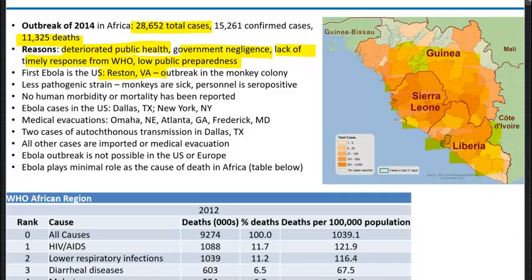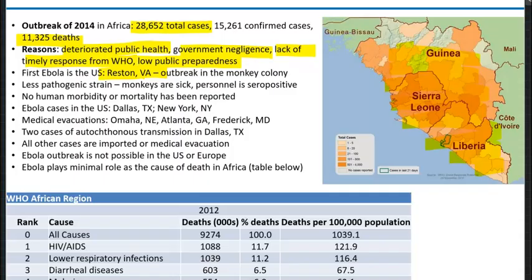Now, during that 2014-2015 outbreak, the U.S. did not have, well, okay, let me hold my horses. The U.S. did have 2 cases of Ebola virus infection that originated on U.S. soil.